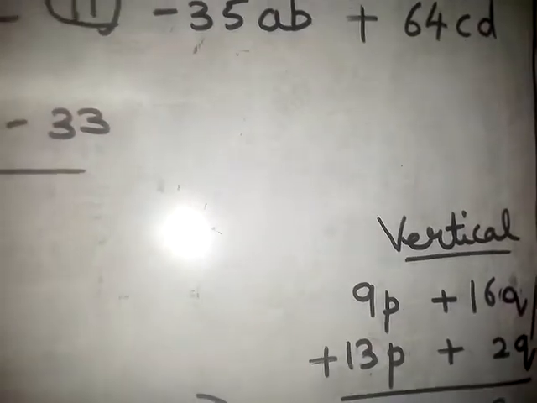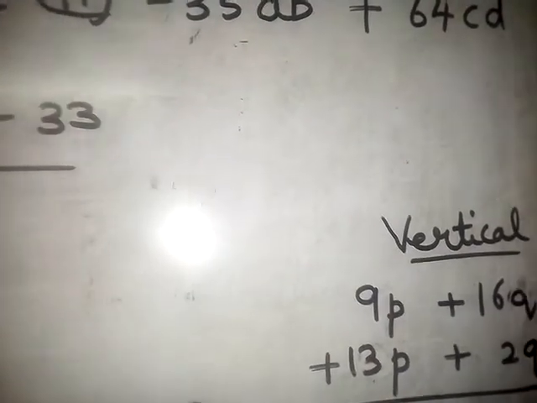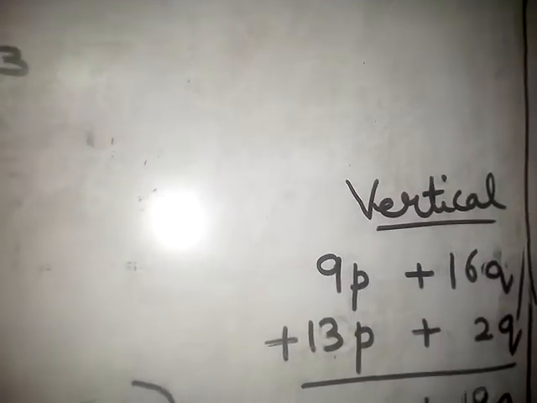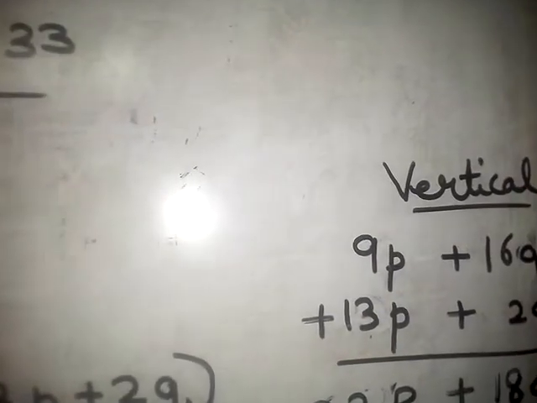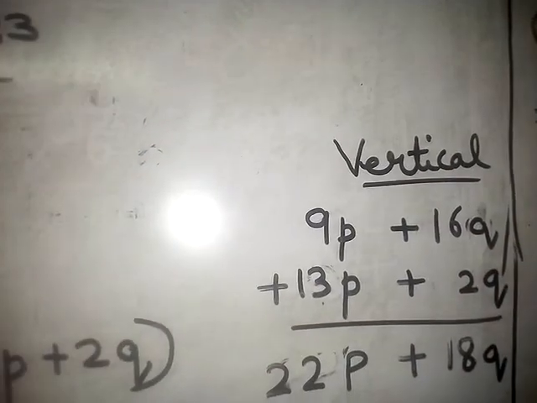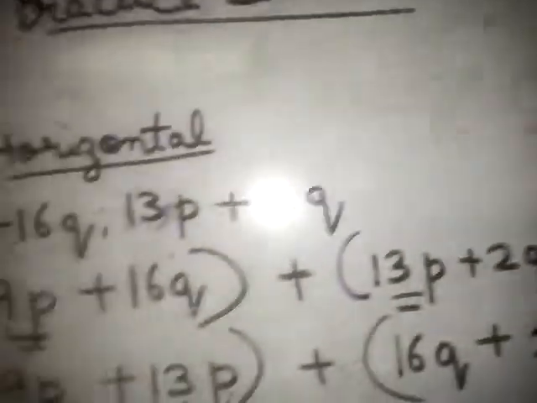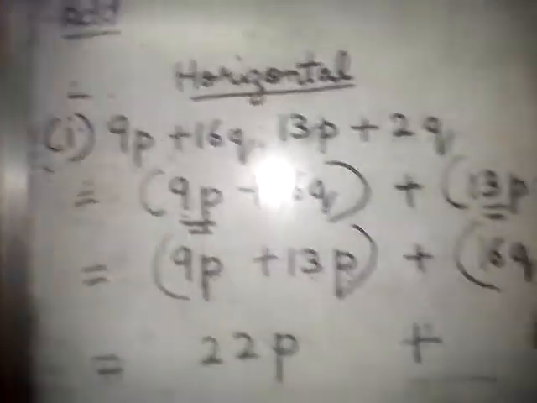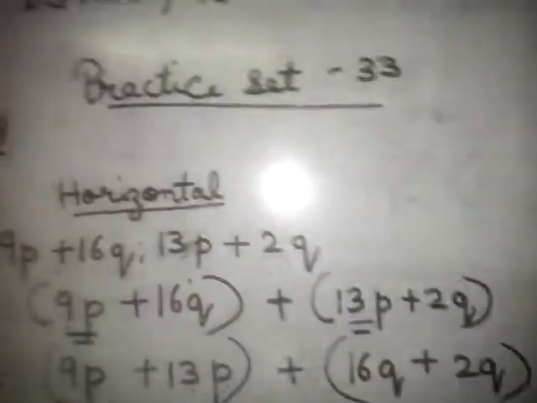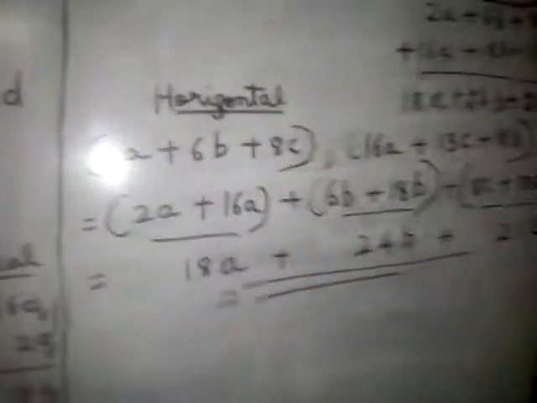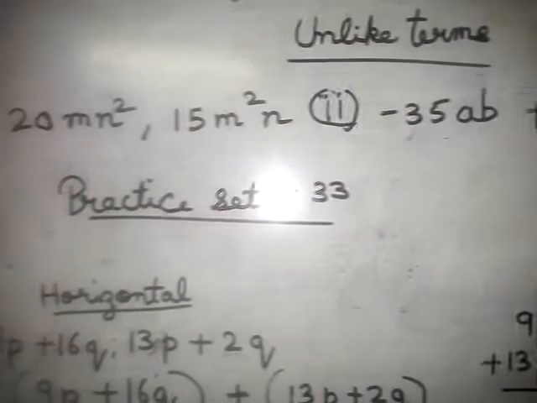In vertical arrangement, you have to arrange it vertically, meaning you have to write like terms down. So for the first one also, the answer is the same in both horizontal and vertical arrangement. The other four sums I will teach tomorrow.